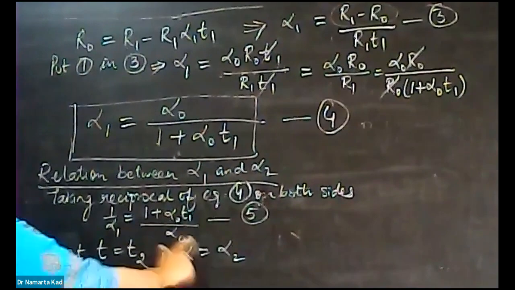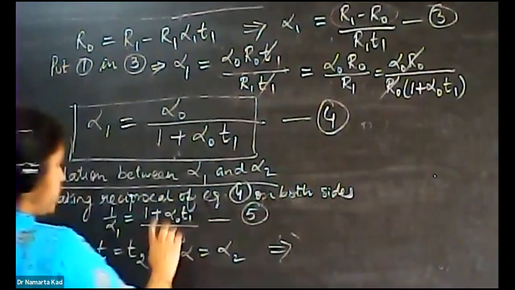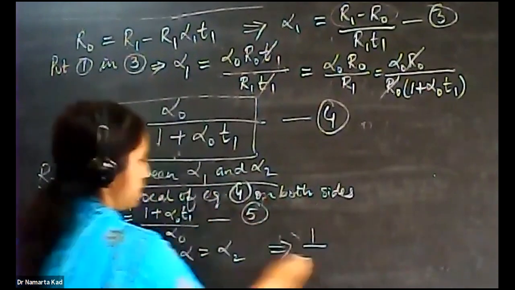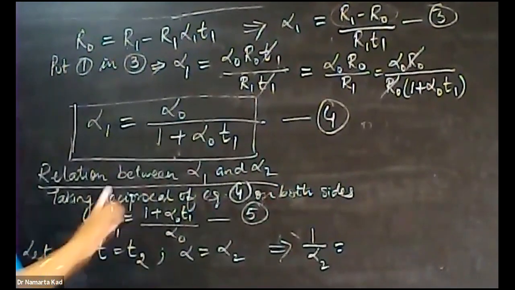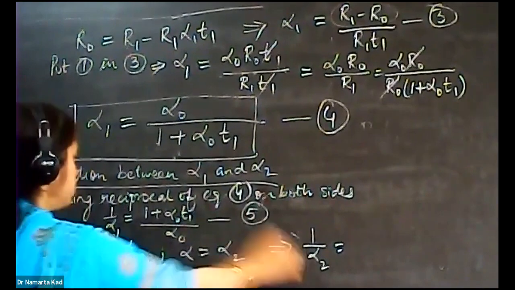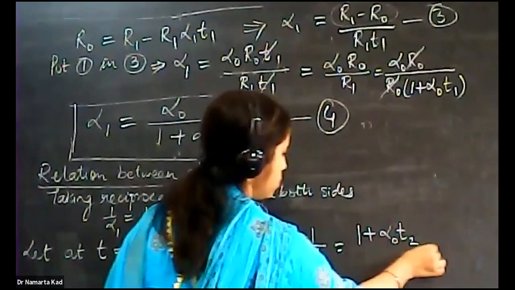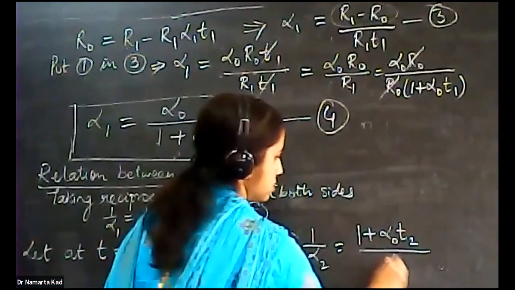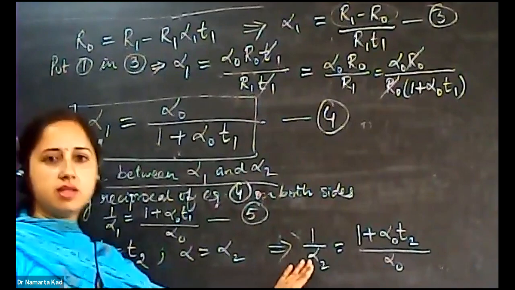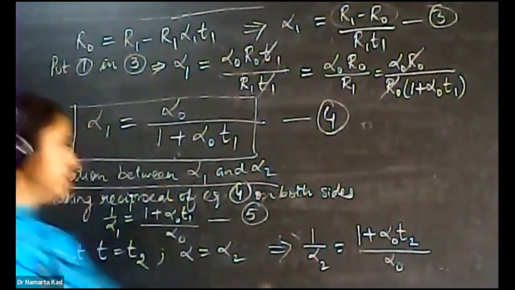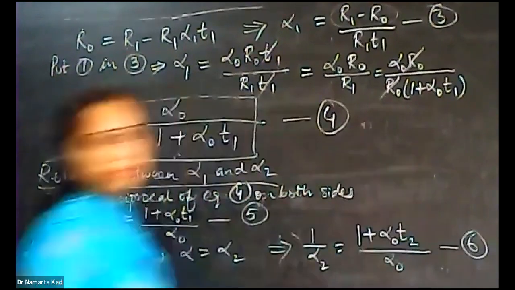So for this condition equation number 5 can be written as 1 by alpha 2, same for T2 degree C. 1 by alpha 2 is equal to 1 plus alpha naught T2 divided by alpha naught. ठीक है, same formula we have written in the form of alpha 2 and T2. So mark this as equation number 6.